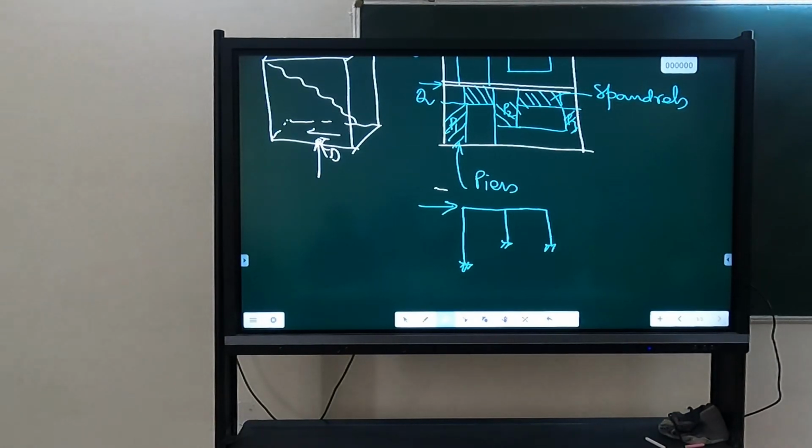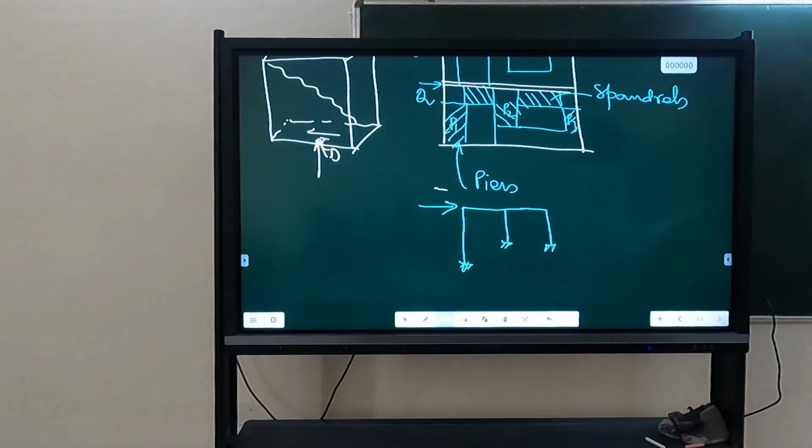So the yield moment capacity of all the piers is the same, 20,000 kN·m, and then a ductility ratio of 5. When we say ductility ratio, it is rotational ductility, not displacement ductility. So rotational ductility is given as 5. Can you plot the load versus displacement curve?